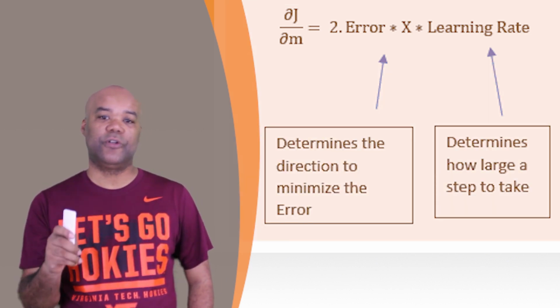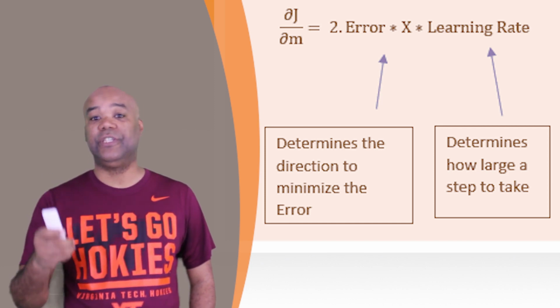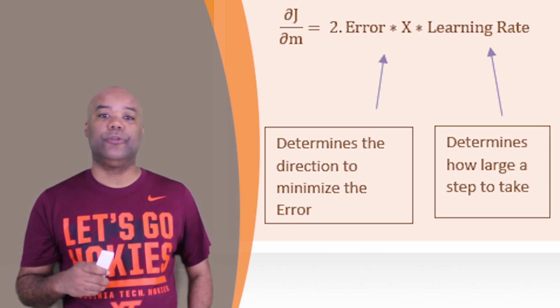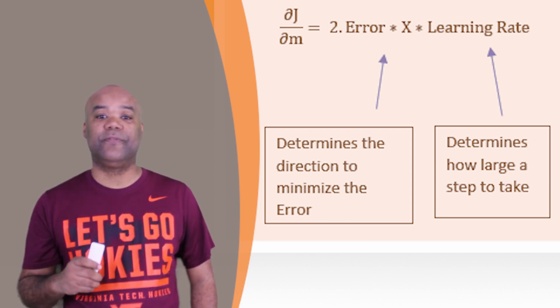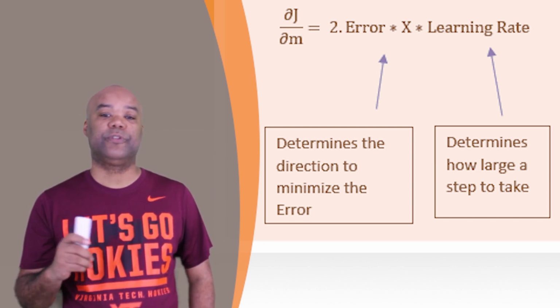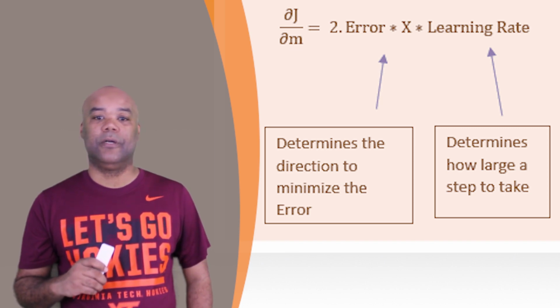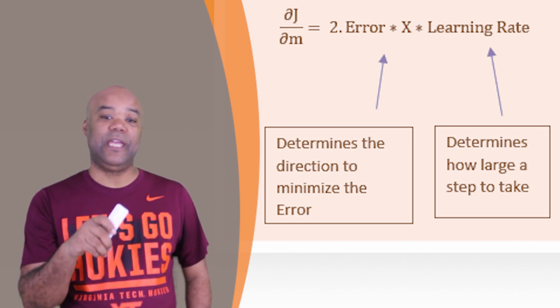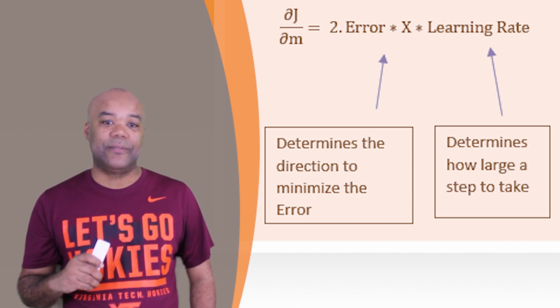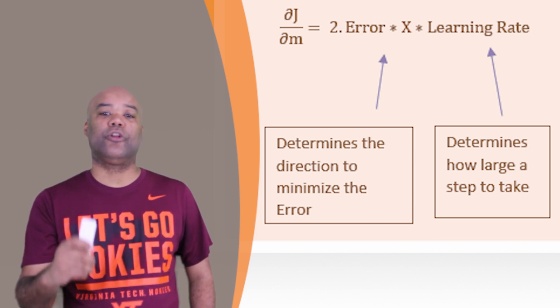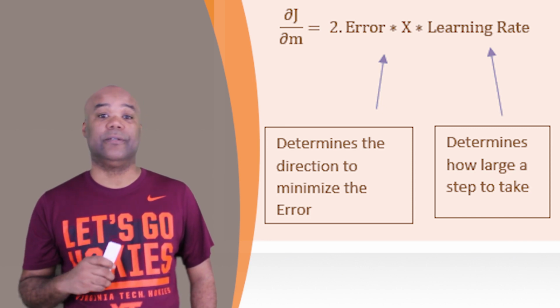The change in the cost function over the change in m equals 2 times the error times the partial derivative of the error with respect to m. The partial derivative of the error with respect to m, we said, is x. Now let's just add our learning rate and we're good.